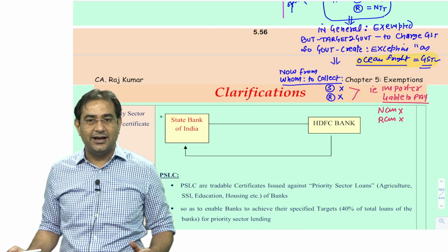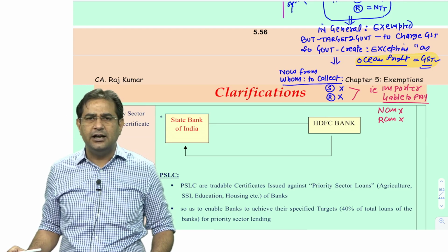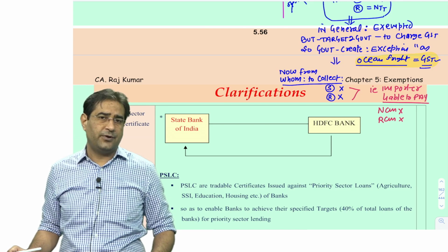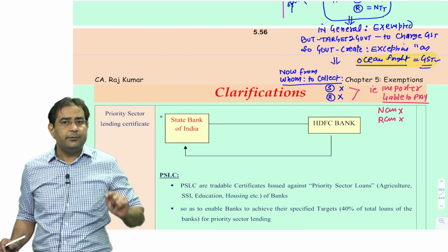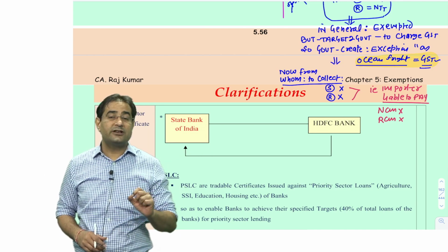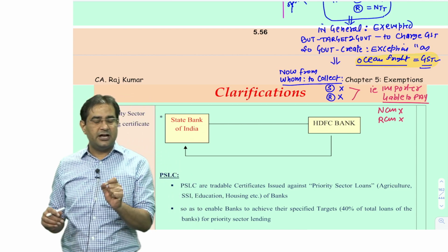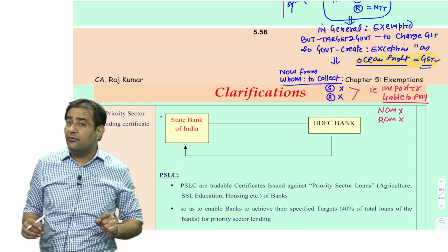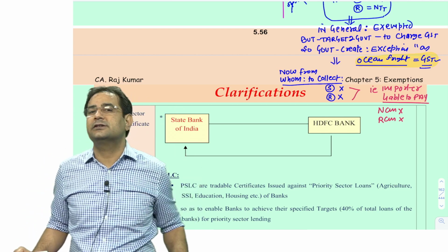So उन्होंने क्या किया कि importer को ही पकड़ लेके तू पे करेगा. It's an illogical, unethical and unlawful provision given here, my dear, because RCM is also defined in the definition chapter, which clearly states that we will call a particular transaction as falling under RCM only when the recipient is liable to pay GST.